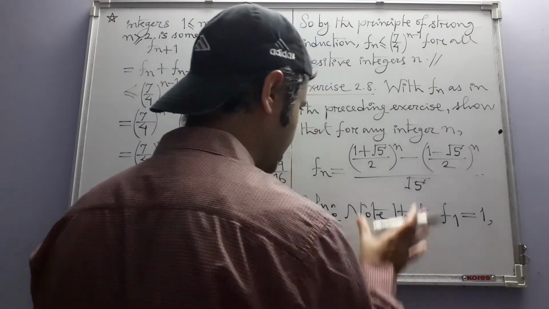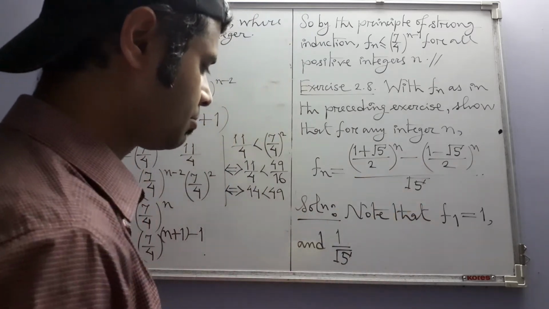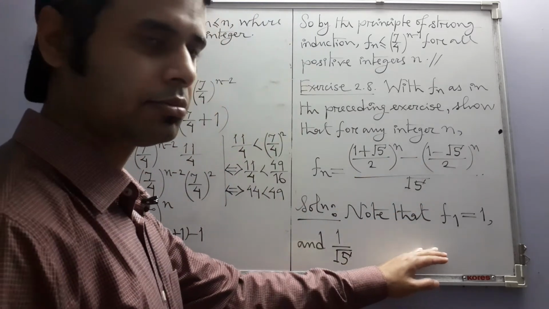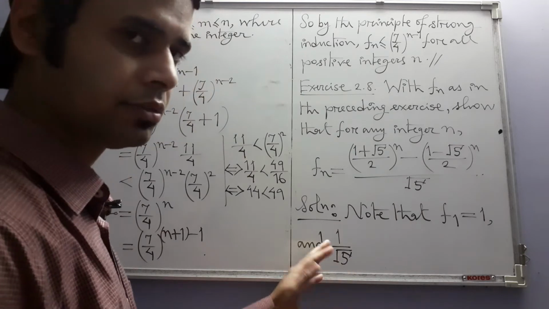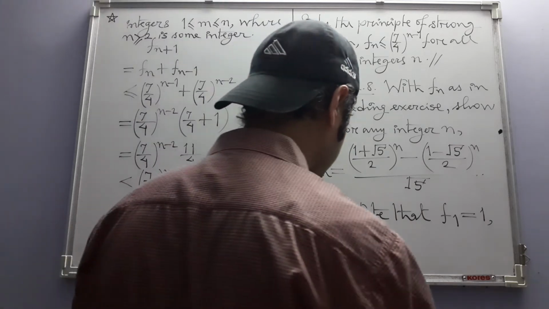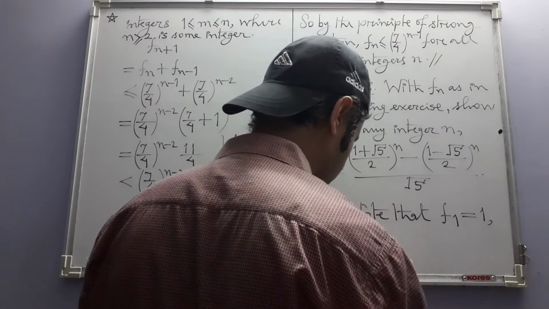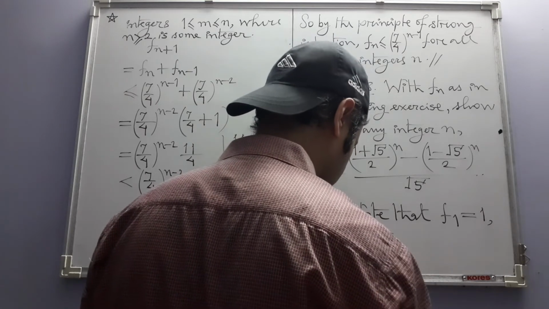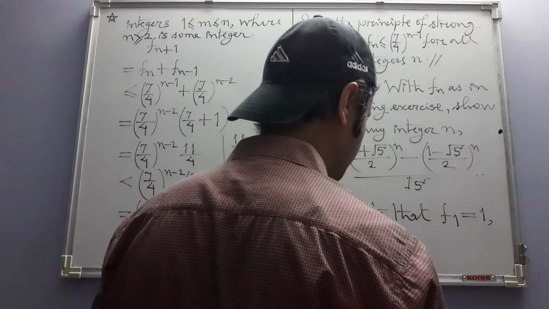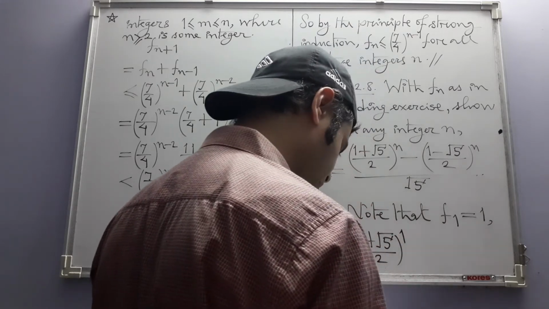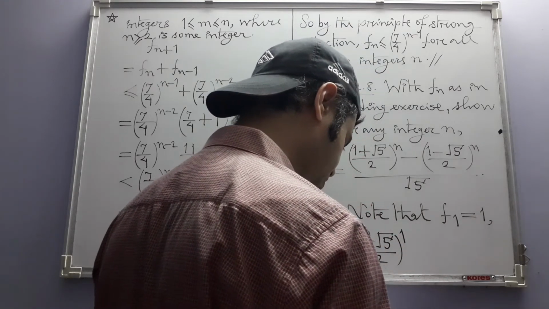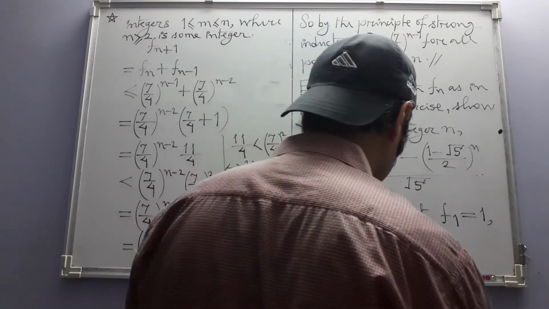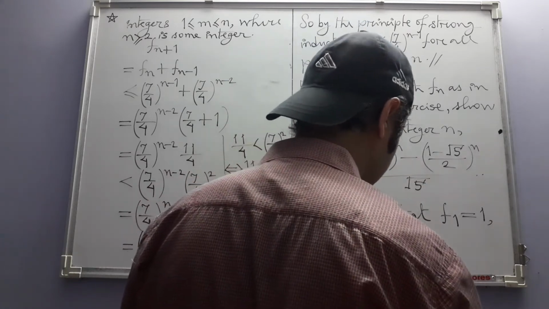In order to write this ratio somewhat more manageably, we write 1 over root 5 in the front. To the power 1, do we have n here or n minus 1? We will see. Okay, I think we have n here.